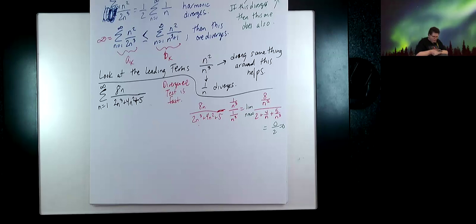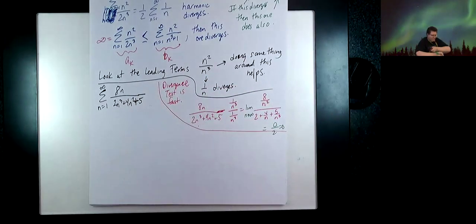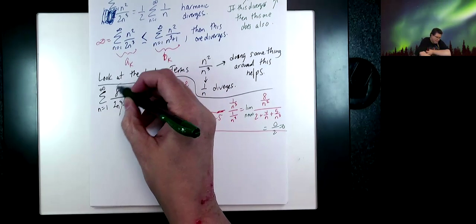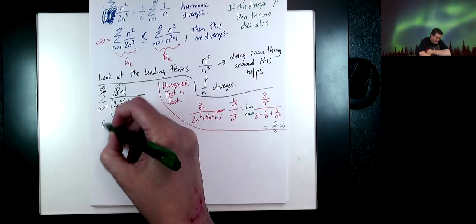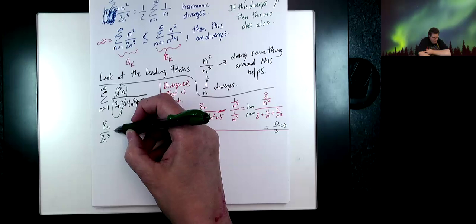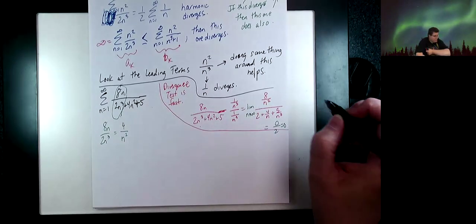So the divergence test didn't help here, so what I'm going to do is look at the first two terms. The first term on top and bottom, 8n over 2n cubed. If I simplify that, I get 4/n squared.